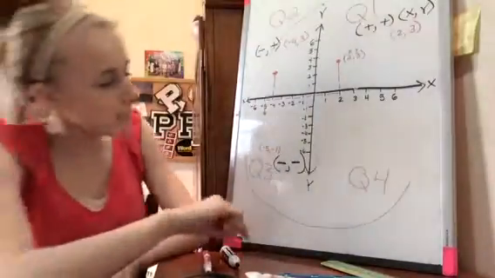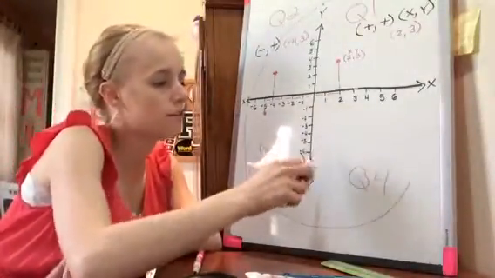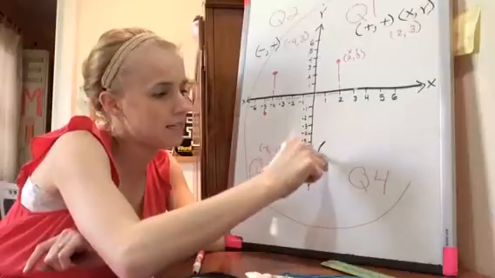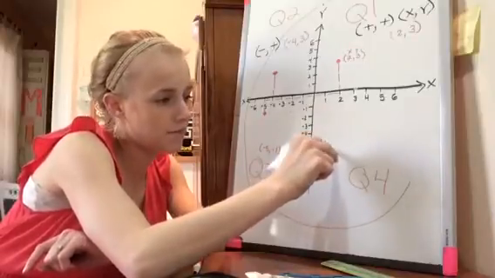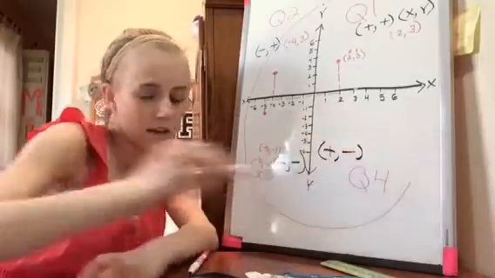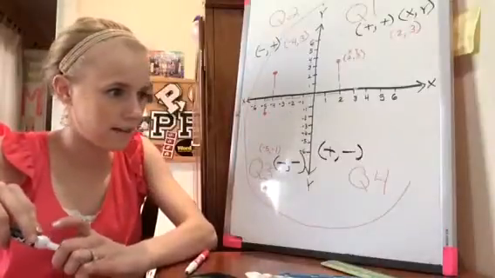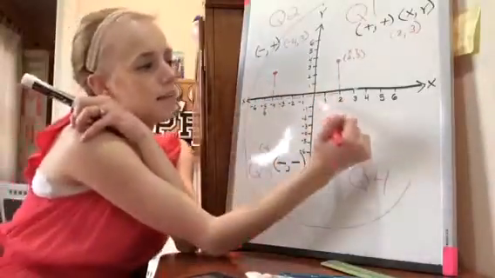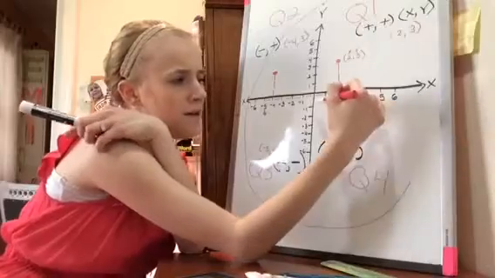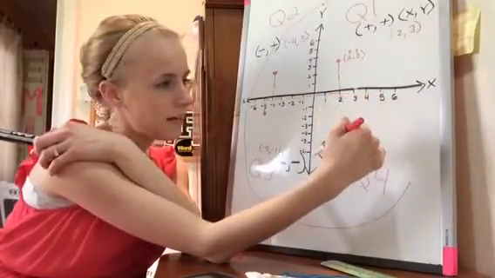All right, last but not least is quadrant number 4, and this is positive, negative. If I look at the numbers surrounding it, I recognize that these numbers are positive, but these numbers are negative.